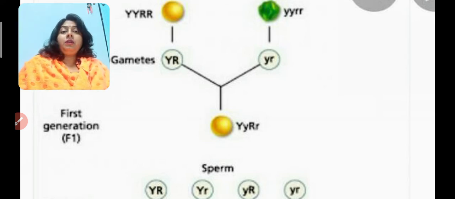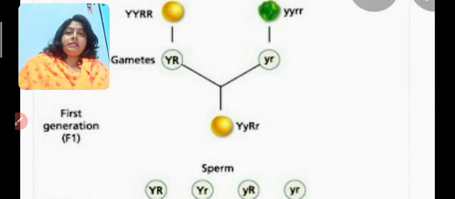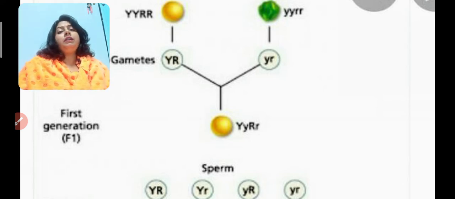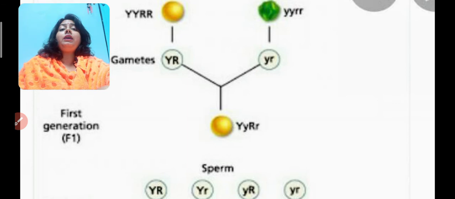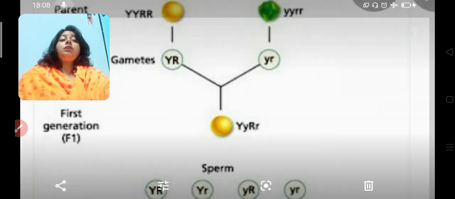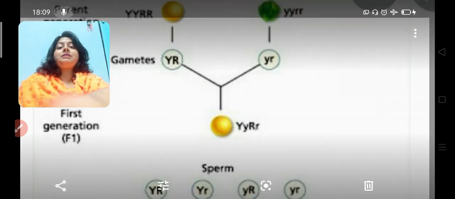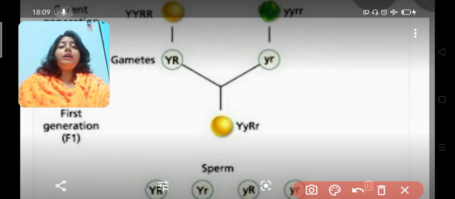Now, how did Mendel explain this observation? Let us see the explanation of the dihybrid cross. As the yellow color was dominant over the green color, the alleles of yellow color were represented as capital Y, and the green color as small y, small y.